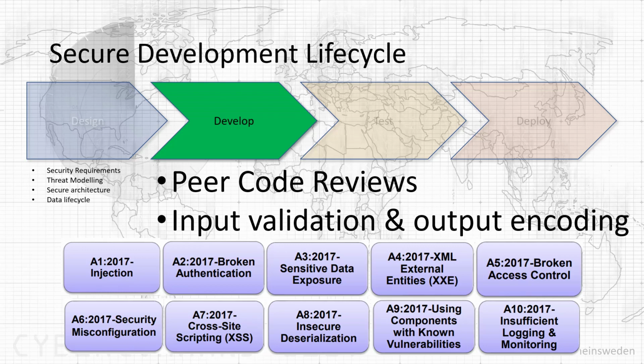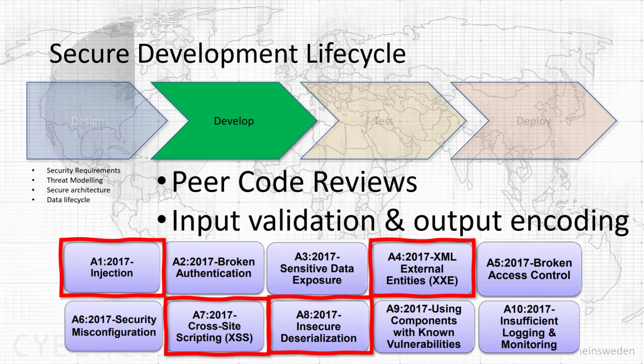And here we can see the threats from A1 to A10. The risk from at least 4 of these threats, injection, XML external entities, cross-site scripting attacks, and insecure deserialization, can be mitigated with the right input validation and output encoding. That's how important it is.